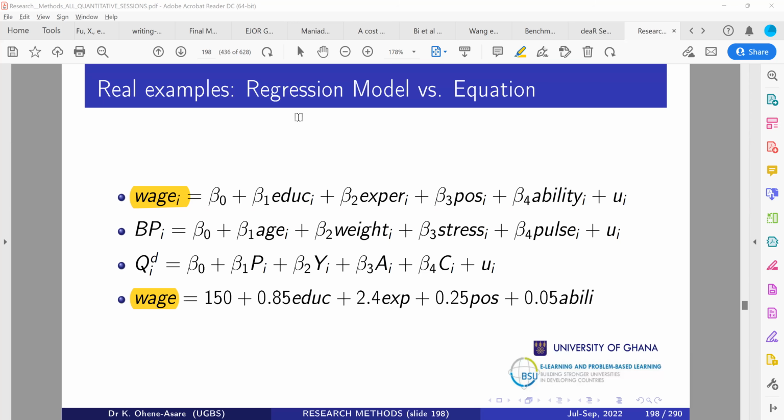All right. So you have the estimated regression equation at the bottom here, and then you have the specified regression model at the top. There are two main differences between these two. Who can tell me both differences?